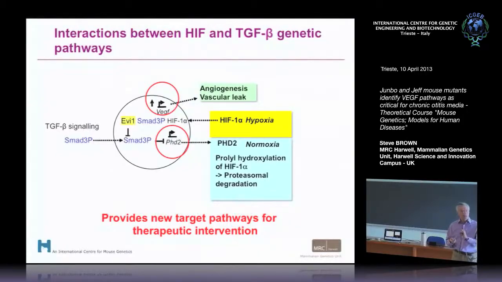Many cancer drugs work on tyrosine kinase receptors, of which the Vegf receptor is one, because one of the things you want to do in controlling tumors is to stop the blood supply to the tumors and prevent the angiogenesis that goes on in tumorigenesis.